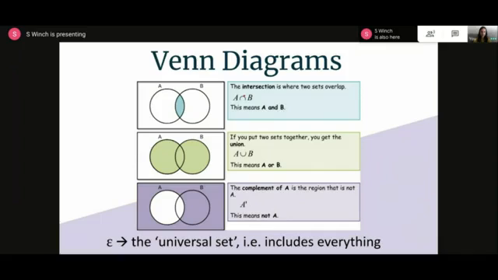The second is the union. So the upside down shape here describes the union of both sets, A or B. So it could be anything across both sets there, as well as the intersection.